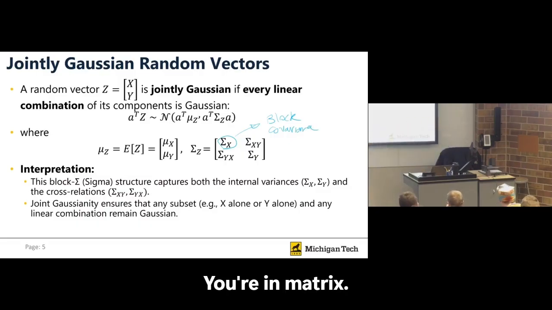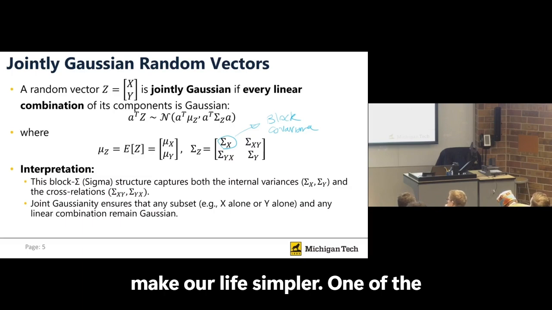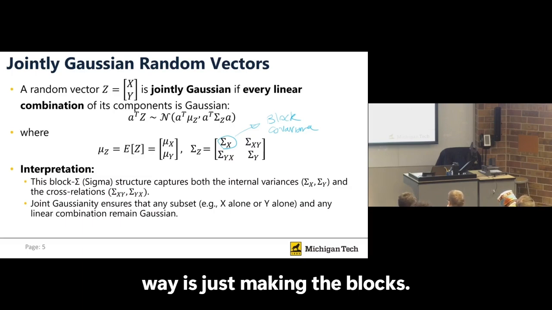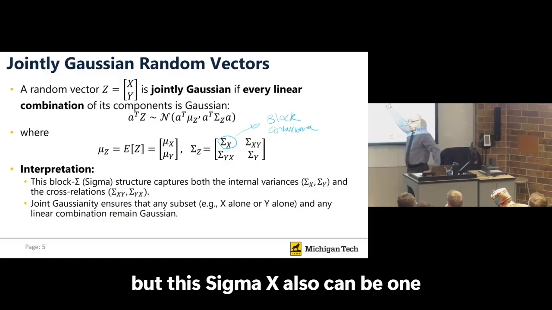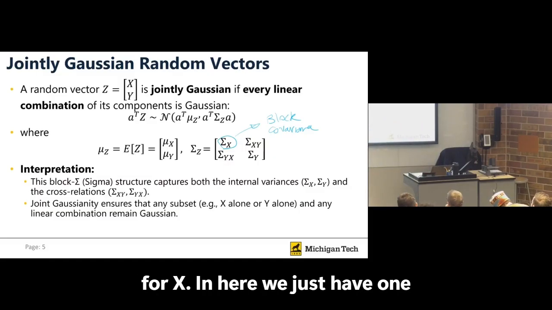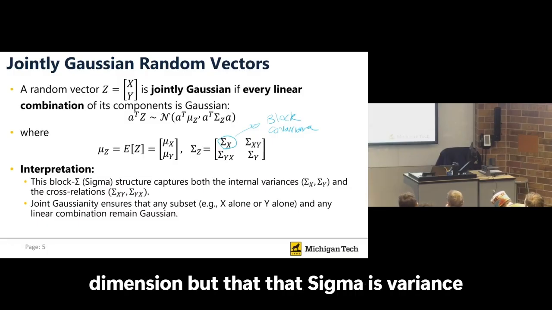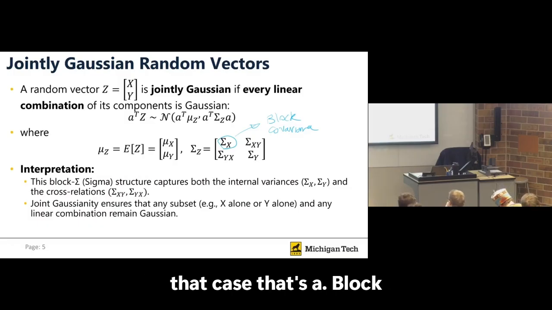You know, in matrices we have so many ways to make our life simpler. One way is just to make it blocks. All of the matrix can be one block, but this sigma x also can be one block if you have more than one dimension for x. In here, we just have one dimension, so that sigma is a variance, one number. But imagine x is also two-dimensional or three-dimensional. In that case, that's a block, a matrix block.